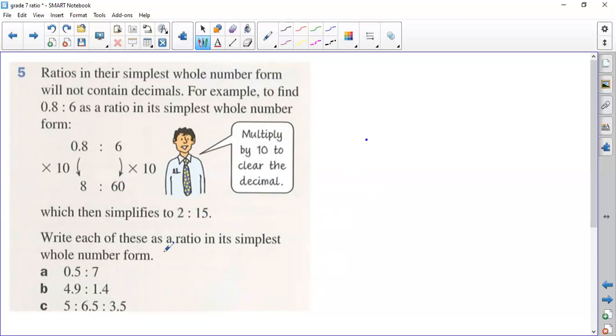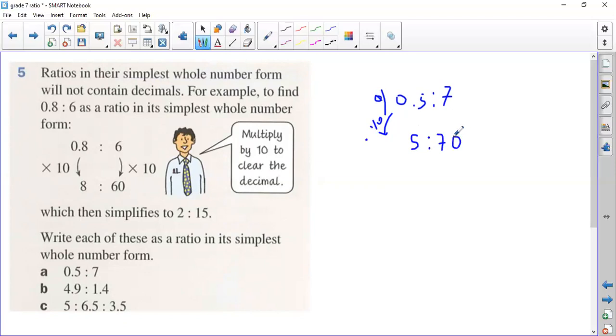Okay. Now let's see the other examples. So let's write this one in the simplest whole number form. 0.5 to 7, it means to make 0.5 a whole number, I have to multiply by 10. Okay, so let's do it here. So 0.5 to 7. First of all, I have to multiply by 10. So times 10, it will be 5 to 70.